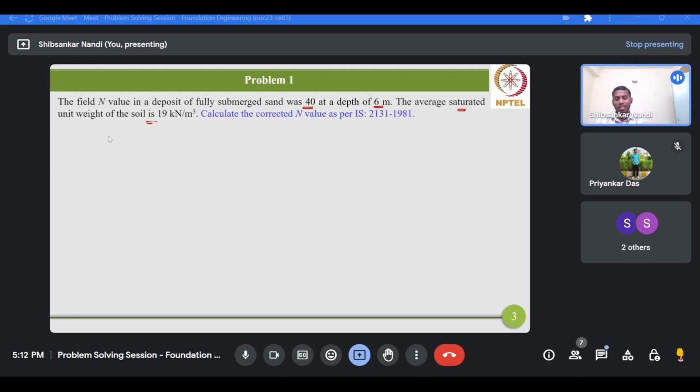Okay, I am assuming that you know. So the corrections prescribed by Indian standard are overburden correction, and secondly, dilatancy correction.